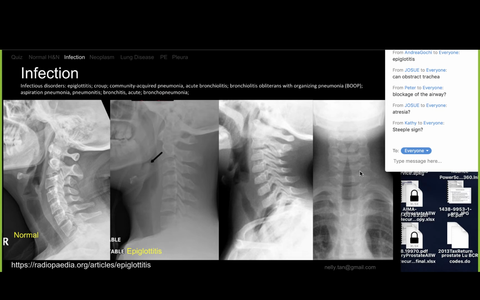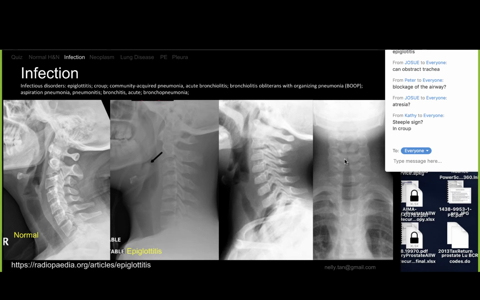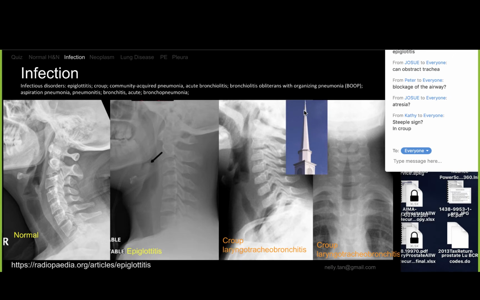What does that mean? I think both are pointing out that the airway is narrowed. It's narrowed and thickened, and so it's creating a very small caliber airway. This is croup. It's laryngotracheobronchitis, and Kathy astutely pointed out the steeple sign. The steeple is this part, and it looks like a steeple.